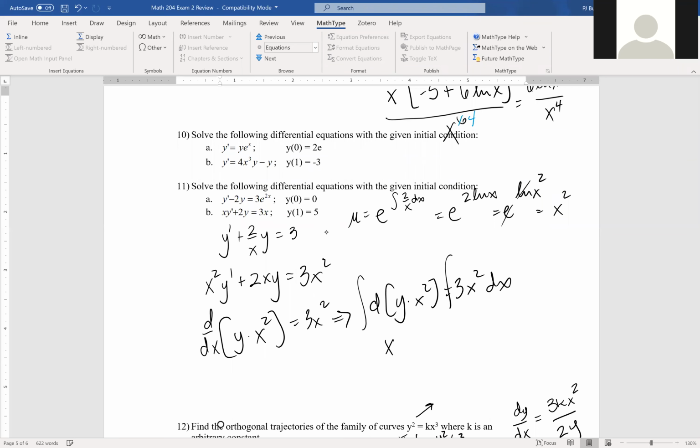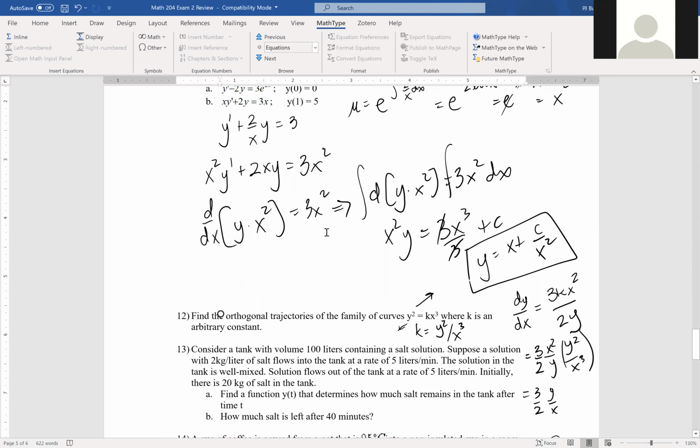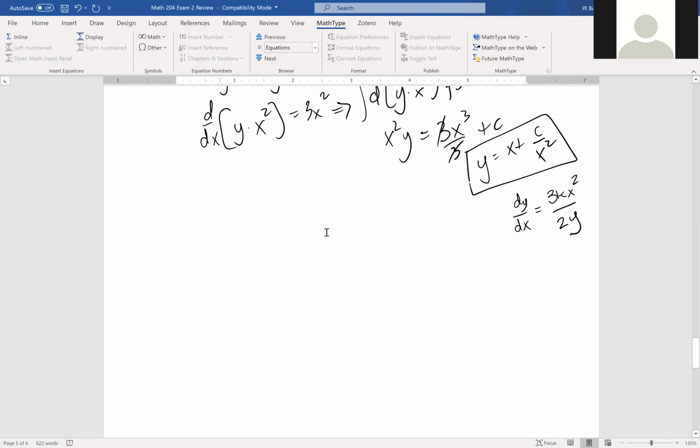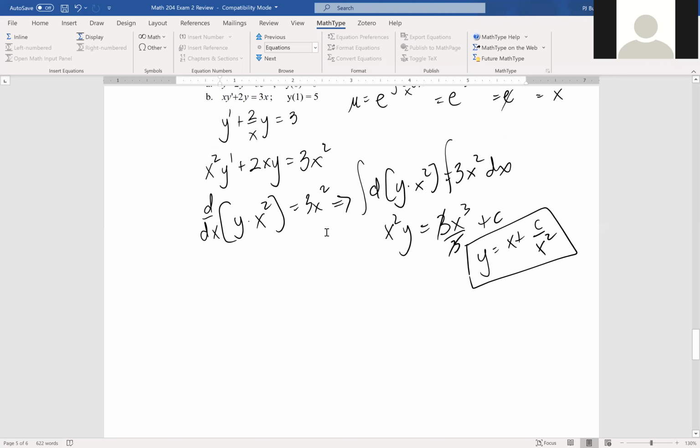Integrate. And solve for y. So that's integrating factor.